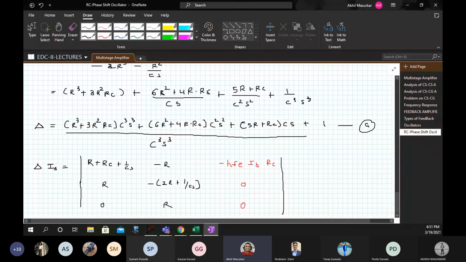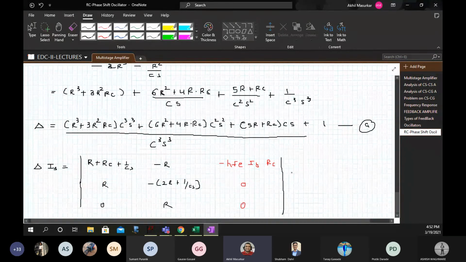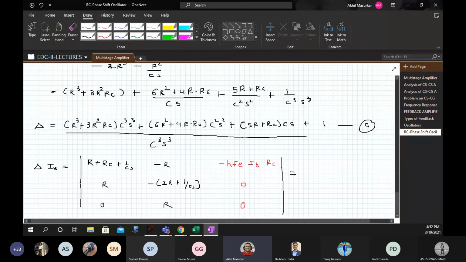So if I want delta I2, then the second column will be replaced by this red vector. If I want delta I1, this first column will be replaced by the red vector, minus HFE, IB, RC, 0 and 0. Now the determinant of this is very simple; you can see that only this term is going to exist, that is the last one.